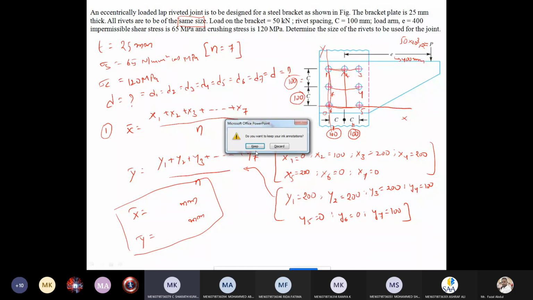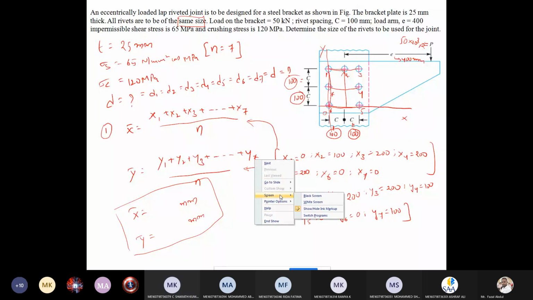Sir, x bar is equal to 100. Y bar how much, Babu? 114.28.